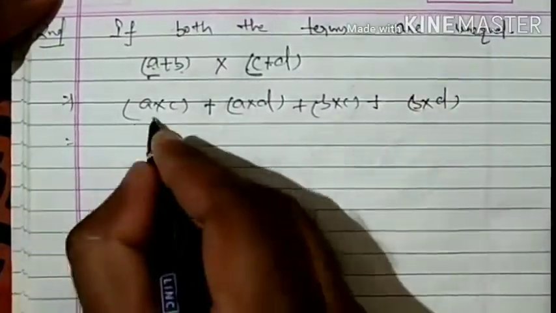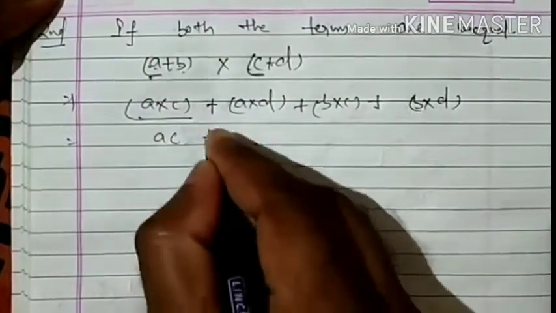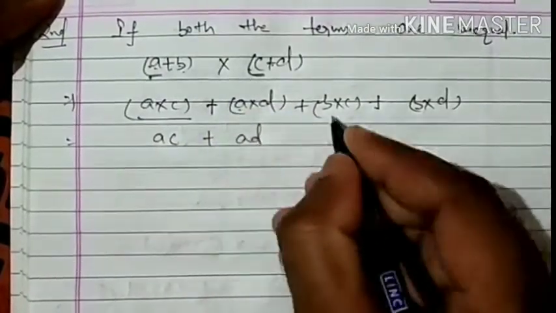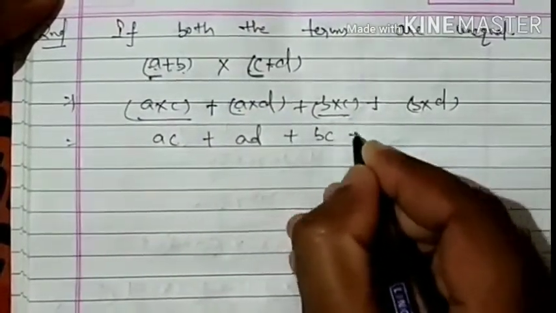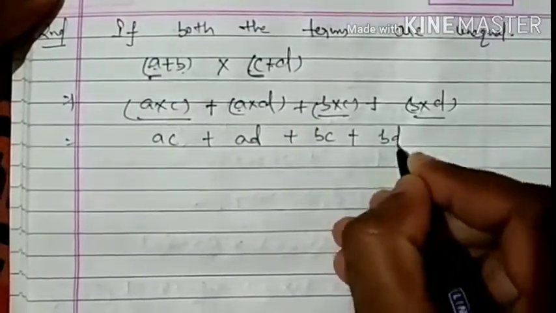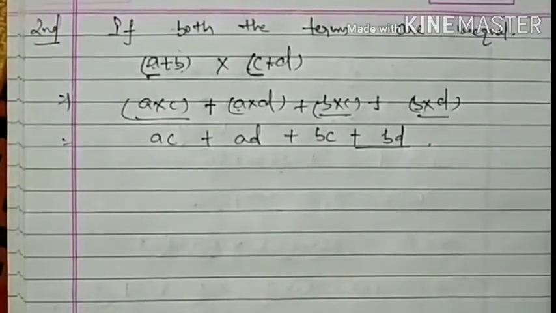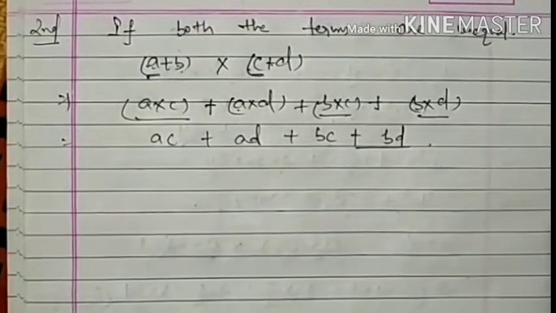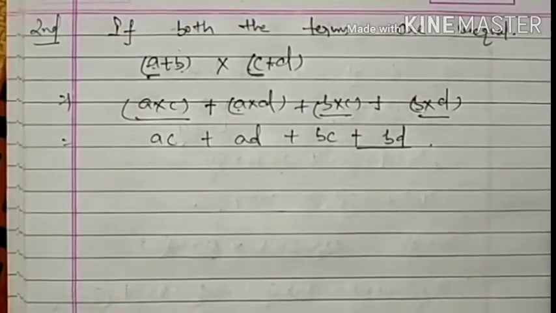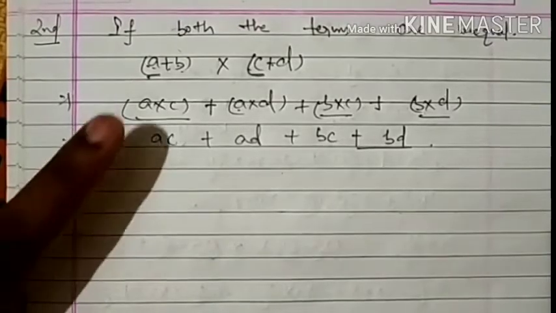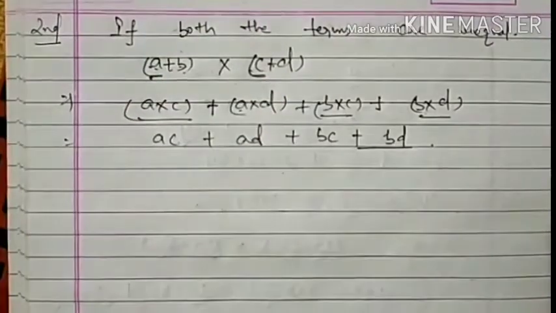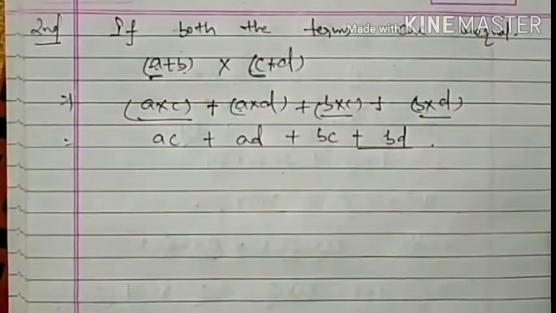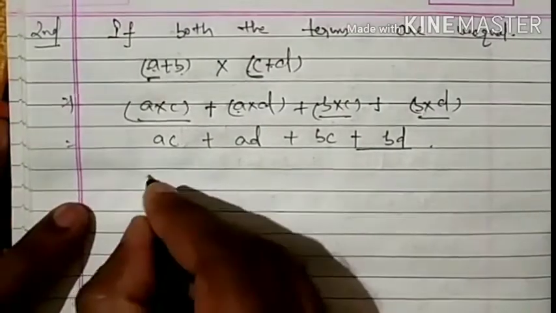So what can we write? A into c, ac, plus a into d, ad, plus b into c, bc, and plus b into d, bd. So this is how we solve. We will first of all multiply all the terms, and what would happen if the result is negative, that is a minus b multiplied by c minus d? We will do the same thing and nothing is going to change. So let's see an example over here.